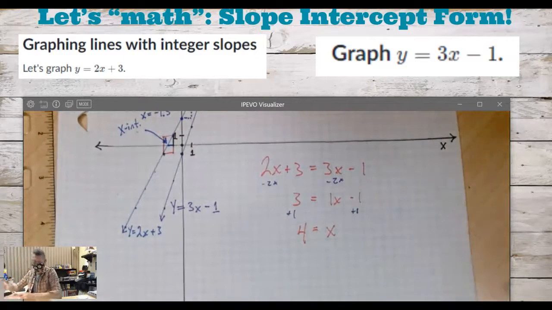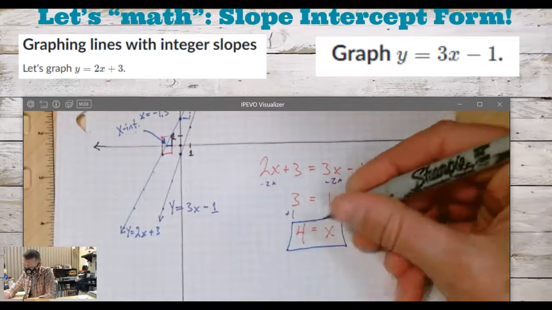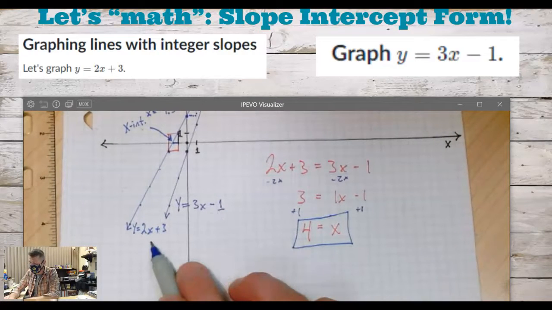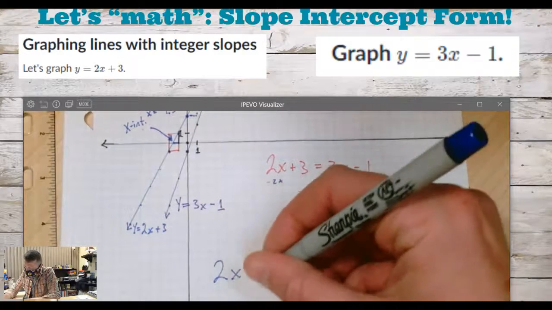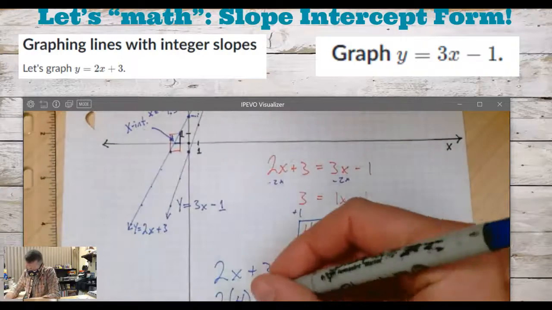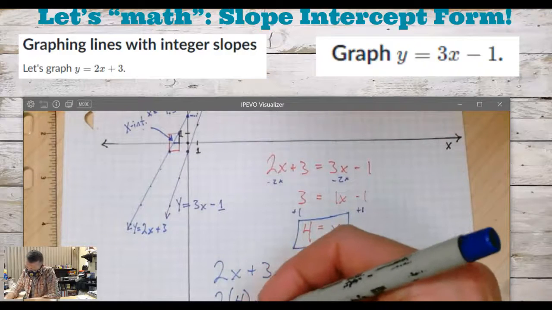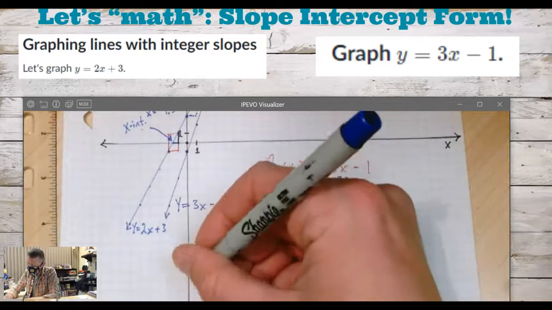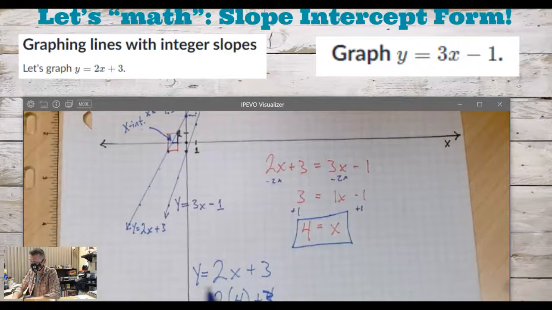But wait, there's more. If we now take the x equals 4 and plug it into either of these equations, I'm going to use blue just because I'm writing in blue right now. Instead of 2x plus 3, we'll have 2 times 4 plus 3, which is 8 plus 3, which is 11, because that is your y equals, because this is the line.